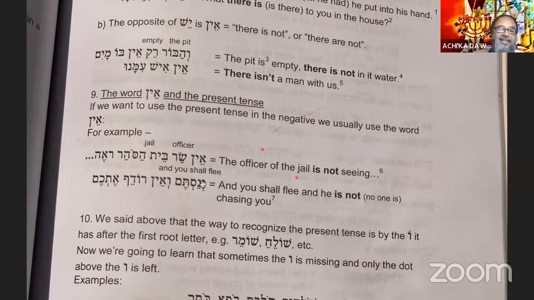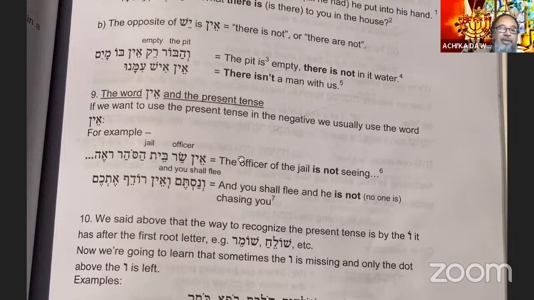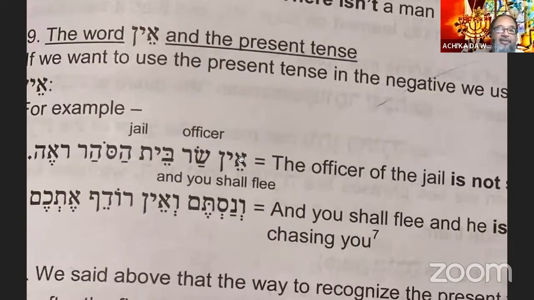So when you read this next sentence right here, somebody read that sentence. Ayin, ayin what? Okay, so that right there, I'm going to make it bigger so you can see the difference.